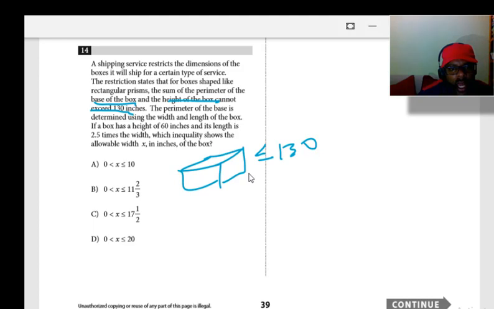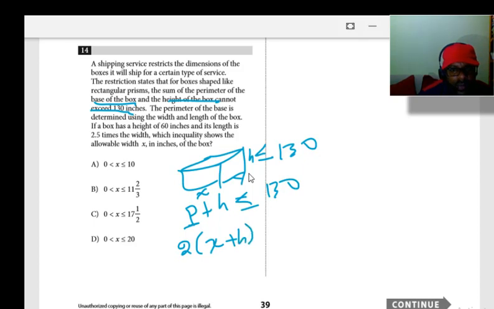To find the perimeter, it is 2 times x plus y, twice the length plus the width, w, plus h, less than or equal to 115.